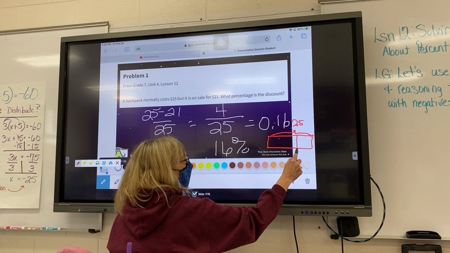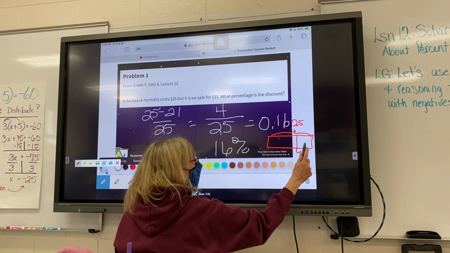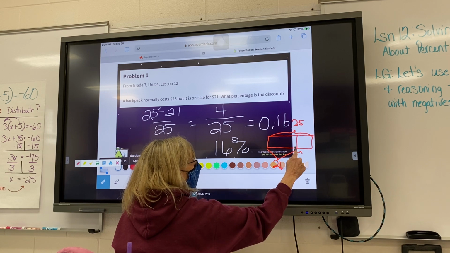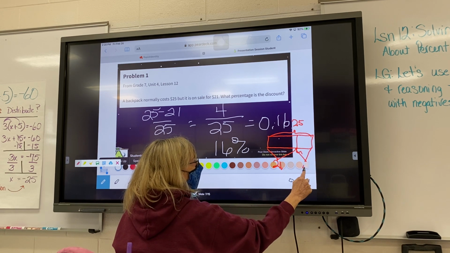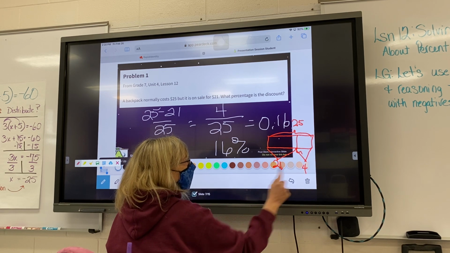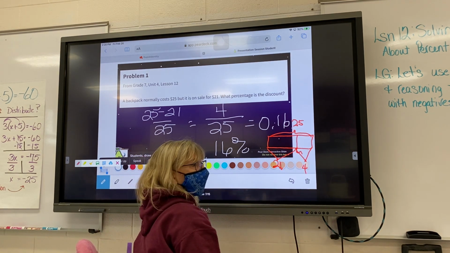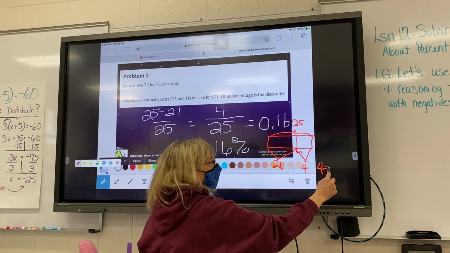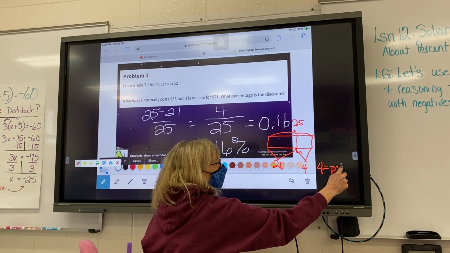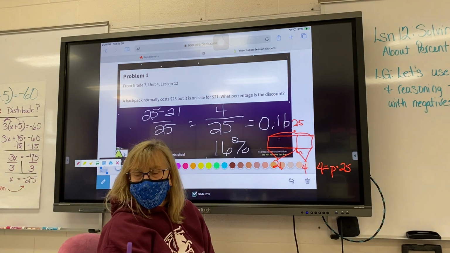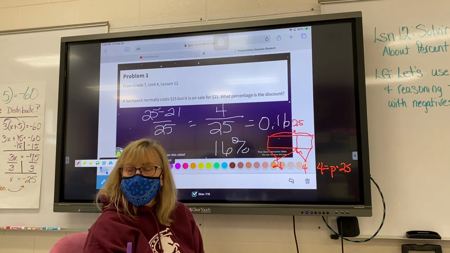You know this amount right here is 21. So that means this amount right here is 4. So you can use this. 4 is what percent of 25? And then you'll just divide both sides by 25. You could use that.